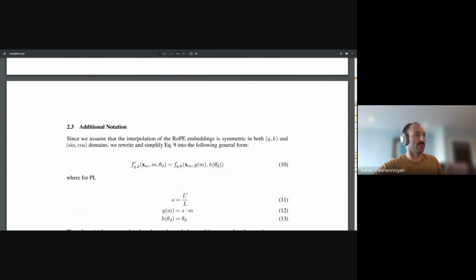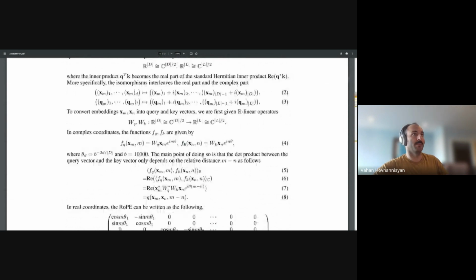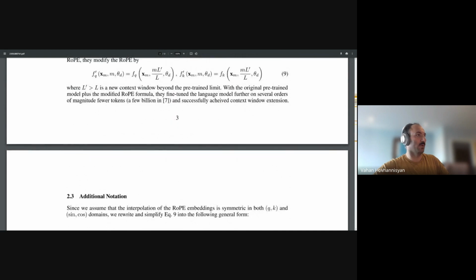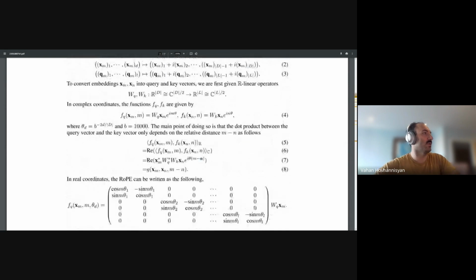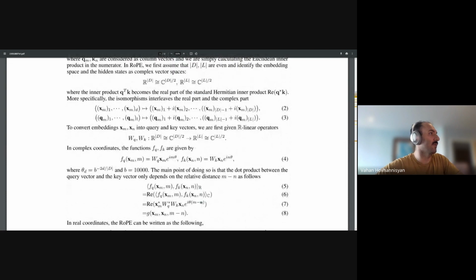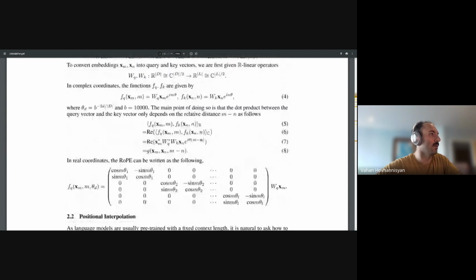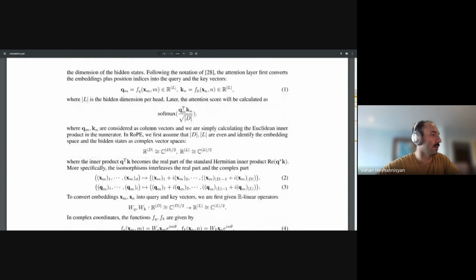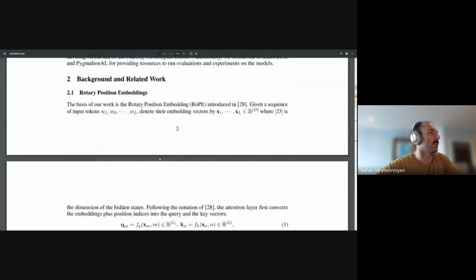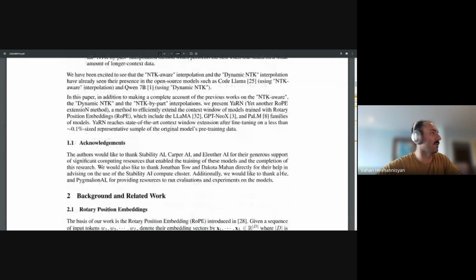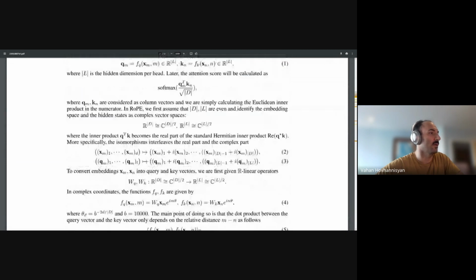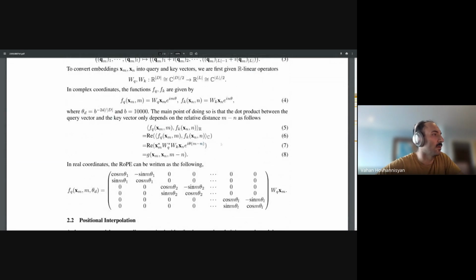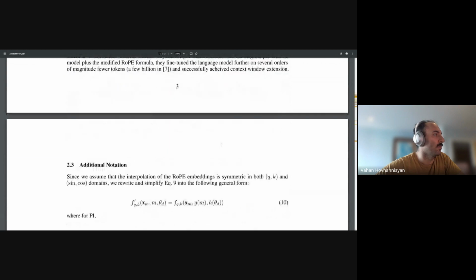Let me actually double check to not confuse notations. So I'm just trying to find the definition for thetas.